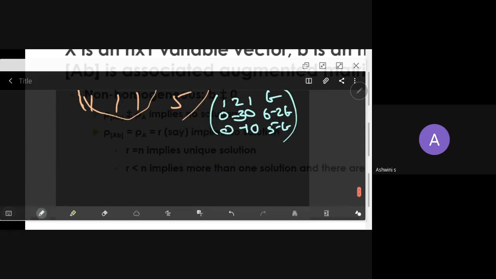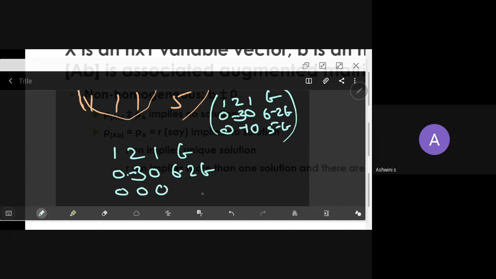So here 1, 2, 1, b, 0, minus 3, 0, minus 3, 0, 6 minus 2b. And here this is 0, 0, 0. Here we have to be careful.